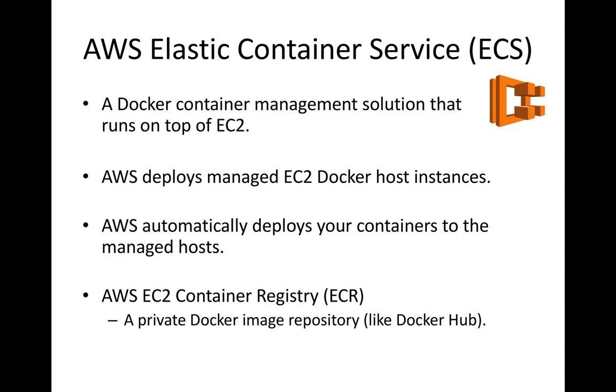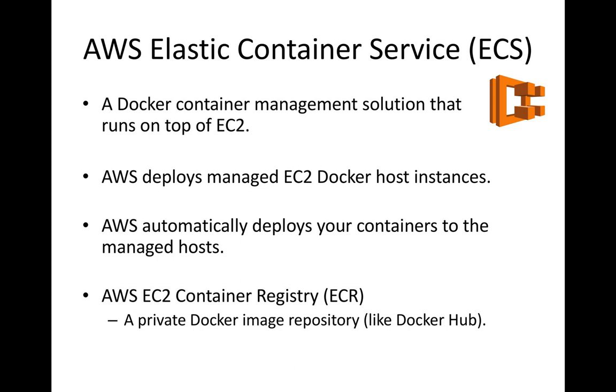There's the globally available Docker Hub service that you could use, or you can create your own private repository, and that's what the ECR service allows you to do. It's a Docker repository service managed by AWS, into which you can publish your Docker images. And I use this particular service quite a bit.